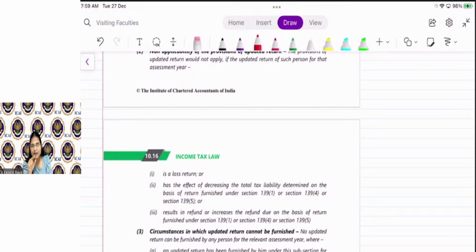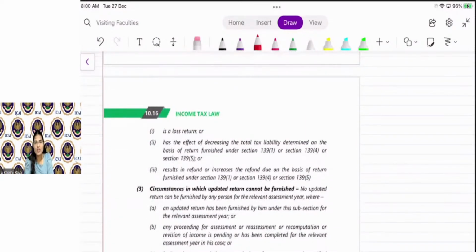So in updated return, I cannot claim additional expenditure. Why? Because of that additional expenditure, my income will get reduced and my liability will also get reduced. So if because of updated return, your tax liability determined under original return gets reduced, then also you cannot file updated return.